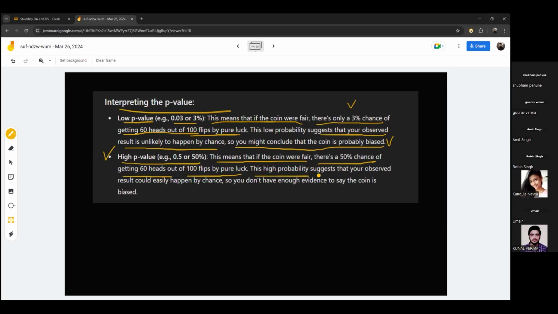This high probability suggests that your observed result could easily happen by chance. So you don't have enough evidence to say the coin is biased.